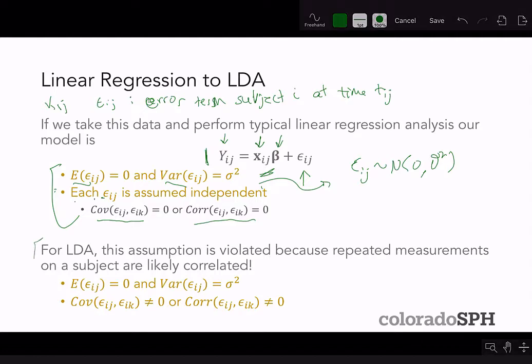However, when you have longitudinal data, this assumption that the errors are independent is violated because repeated measurements on a subject are likely to have correlation. So we can still assume that the expectation of the errors is 0 and that the variance is sigma squared. However, what's going to change is that the covariance between errors on the same subject is not equal to 0, which means that the correlation of those might not be equal to 0.